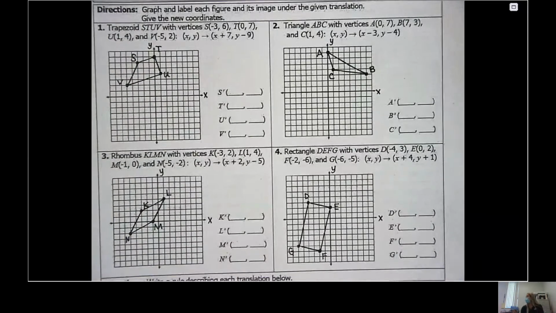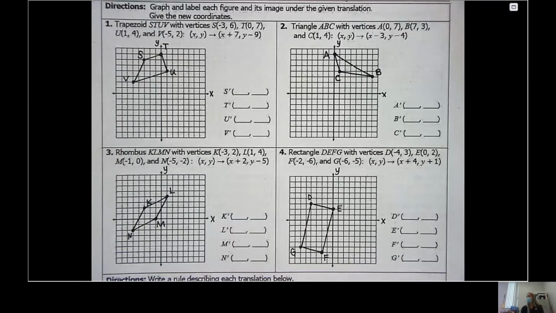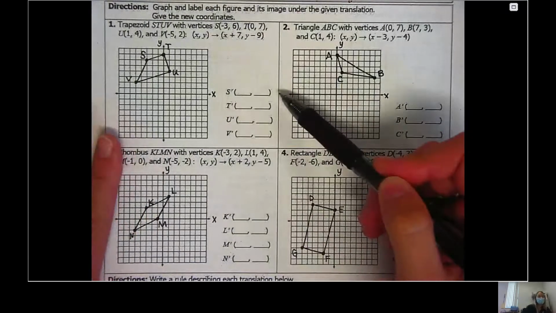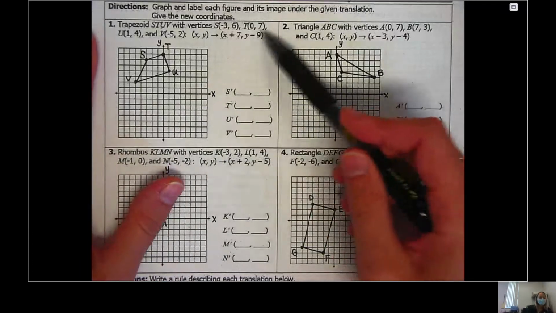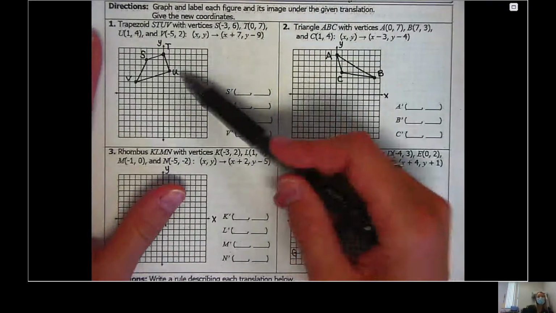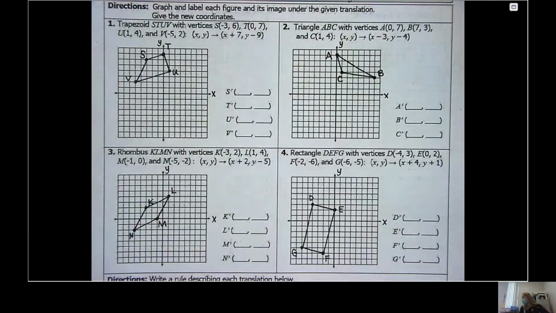Now, if I were you, I would do the rules first and the graph second, because it's easier to do the math than it is to try to look at the picture and do the graph itself. Okay, so that's 1 through 4.